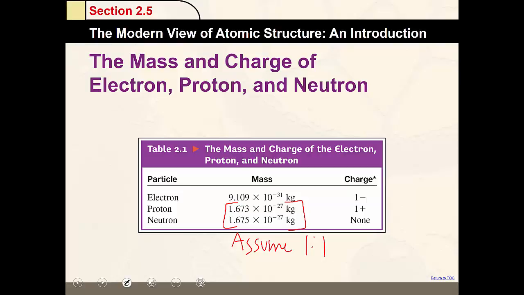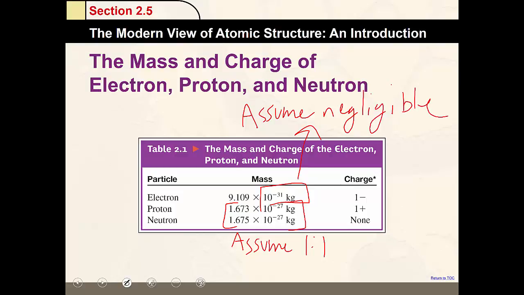And then if you look at the mass of the electron, now that's times 10 to the negative 31st, so that mass is incredibly small in general, and it's still incredibly small in comparison to both the mass of the proton and the neutron. So we are going to assume the mass of the electron, since it's so small, is negligible. So we are going to ignore it since it's so small.